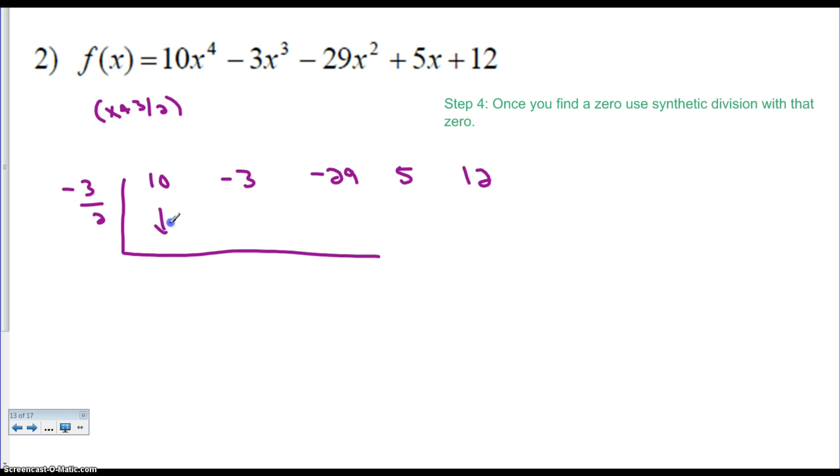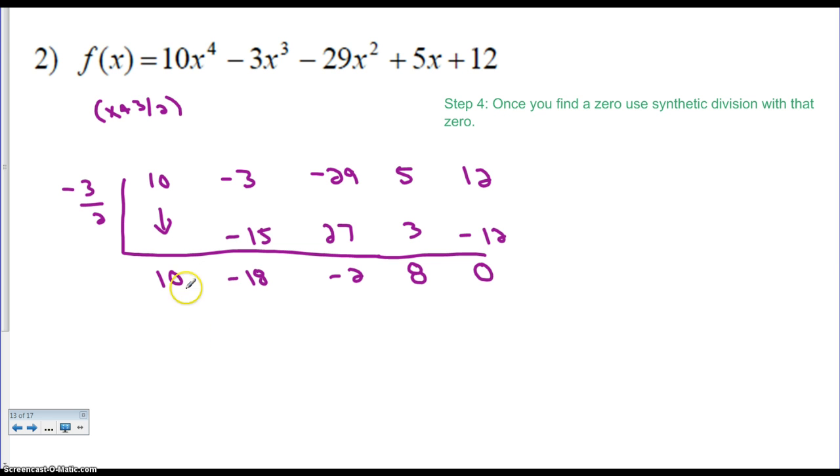So we're bringing down the 10. 10 times negative 3/2 is negative 15. Negative 3 plus negative 15 is negative 18. Negative 18 times negative 3/2 is positive 27. I get a negative 2. Then I get a positive 3, which gets me a positive 8. And then I get a negative 12, which is 0.